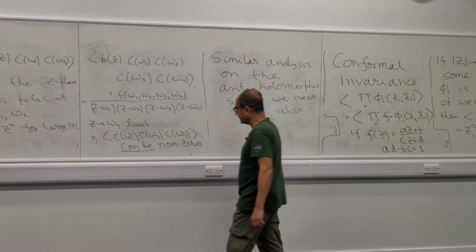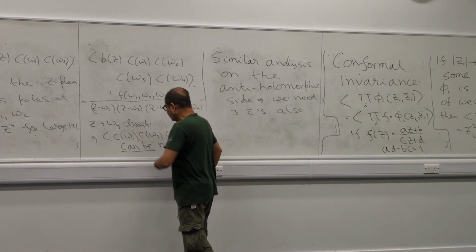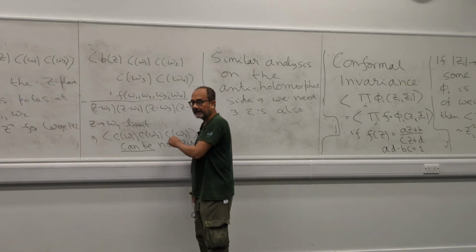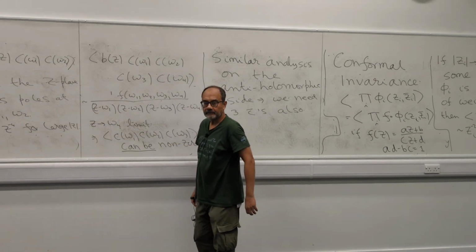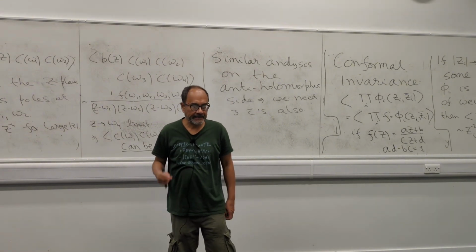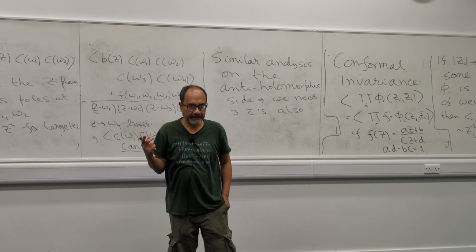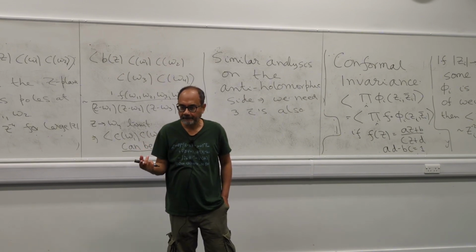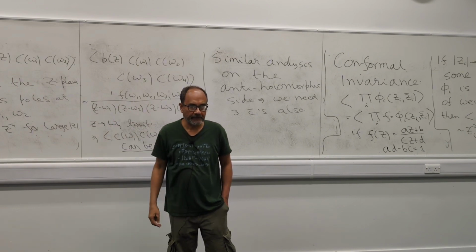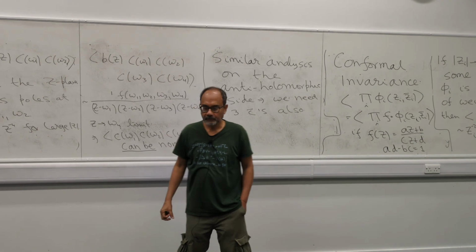That's why this still has a problem. Imagine that we take these 3 c's and insert b bar of z bar, c bar of w bar. Then again, as a function of z bar, you have a pole at z bar equal to w bar, but it is supposed to fall off as 1 over z bar to the 4 as z bar goes to infinity. That again is a contradiction.